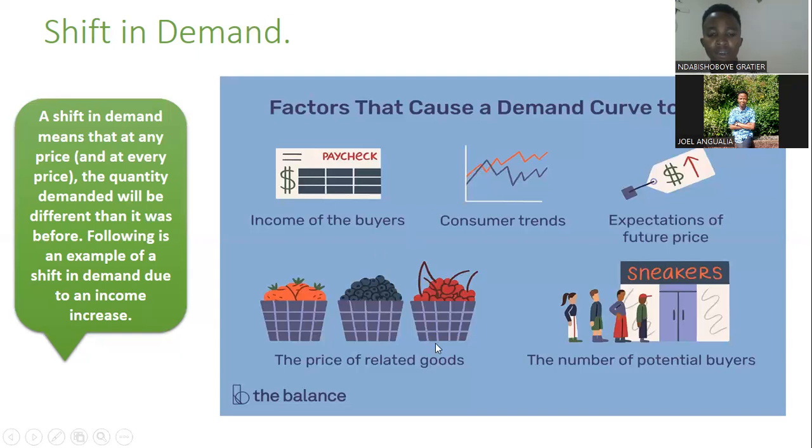The price of related goods. For example, this is Amara jelly, and this is carrot. But all of them are lotions. They serve the same purpose, so they are related goods.